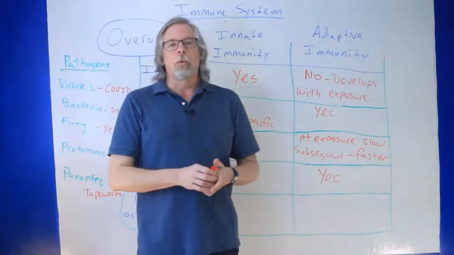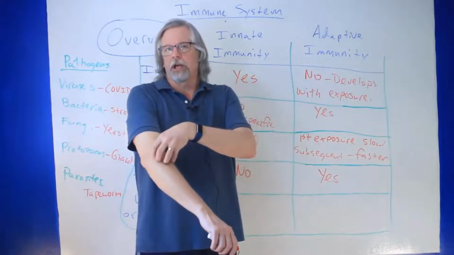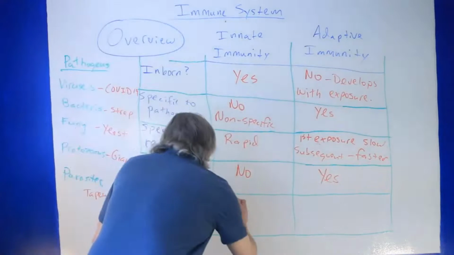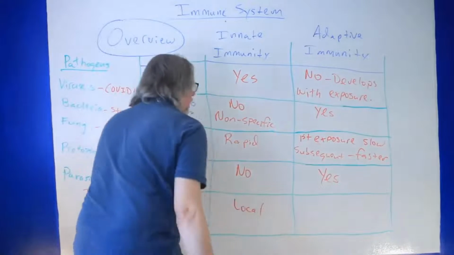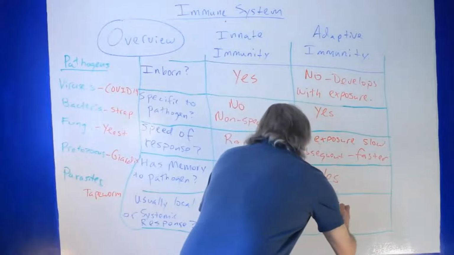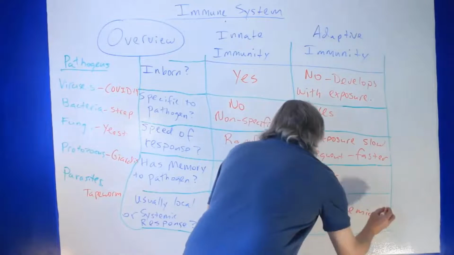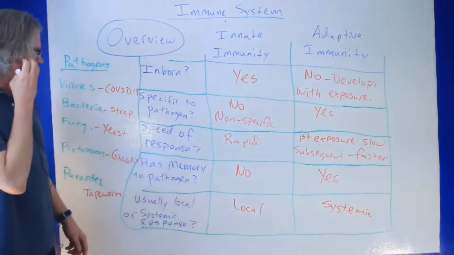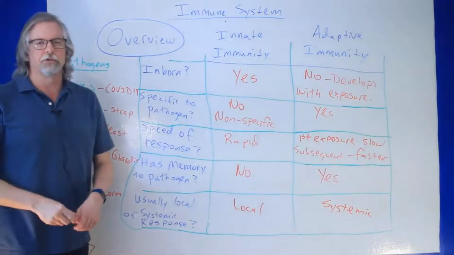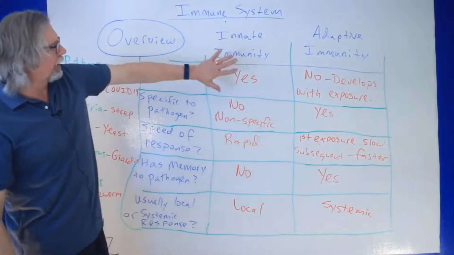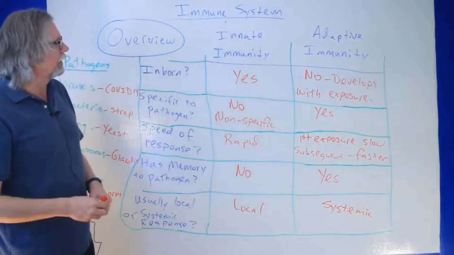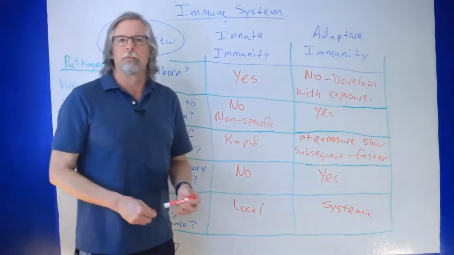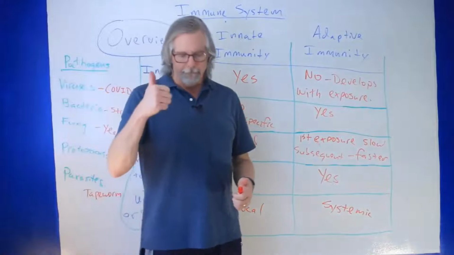Adaptive immunity can also respond to a particular site, but the effects are going to happen body-wide. So innate immunity is mostly local. Adaptive immunity is a systemic response. Okay? Now there are exceptions to this, and we'll go through those, and that's why I put the qualifier usually in there. But that's a pretty good picture of the differences between these two types of immunity that take place in an immune response. All right.